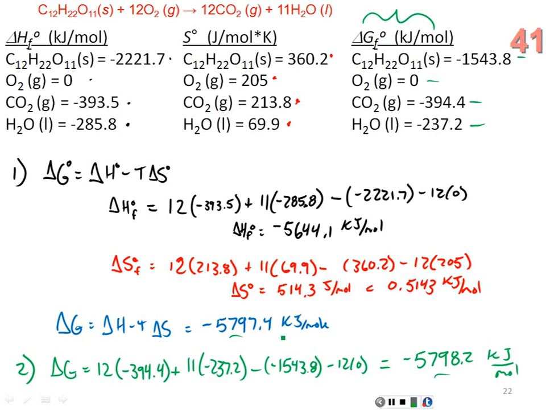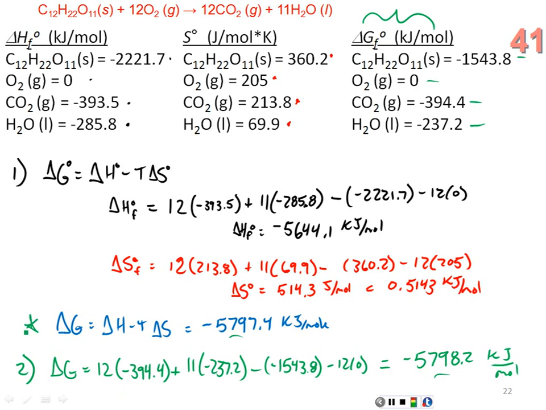And you can see that the second method is by far the easier method, right? Because we're only doing this process of products minus reactants once. Whereas in the first method, we have to do that for enthalpy and entropy, and then we have to enter them into the equation for free energy.